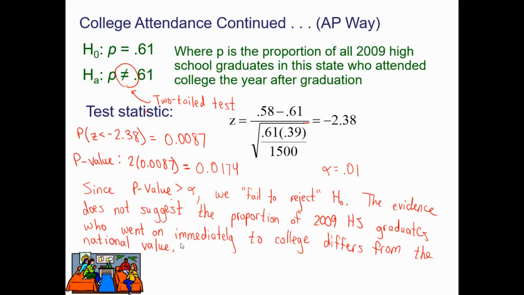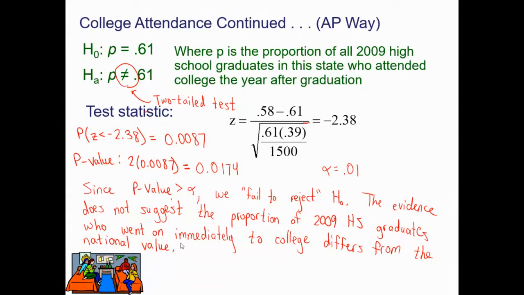Now, since we failed to reject, what kind of error could we have made? I'm not saying we did make one, but what kind could we have made? Type 1 or type 2? Type 2, that's right.